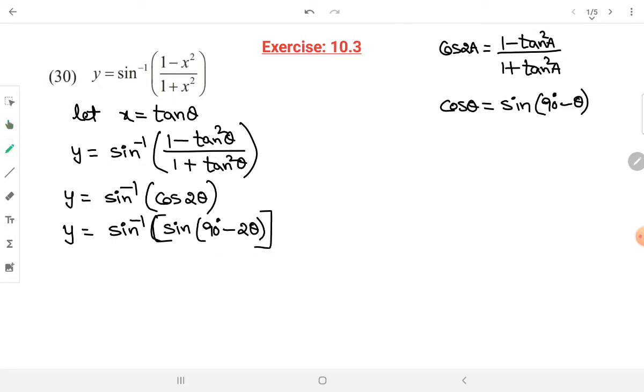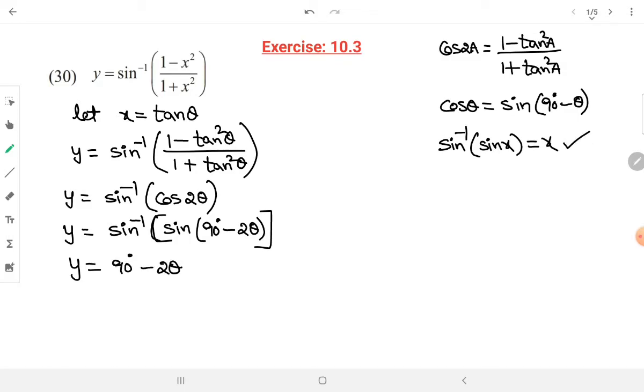We have a property in inverse trigonometric functions that sine inverse of sine x is nothing but x. Similarly here, sine inverse of sine x, where x means the whole angle that you have. From this you will get y is equal to 90 degrees minus 2 theta.